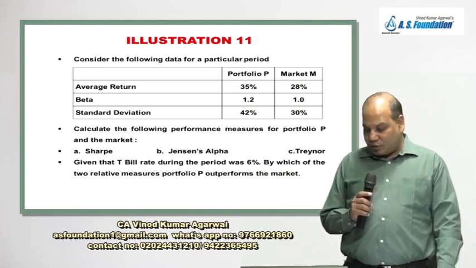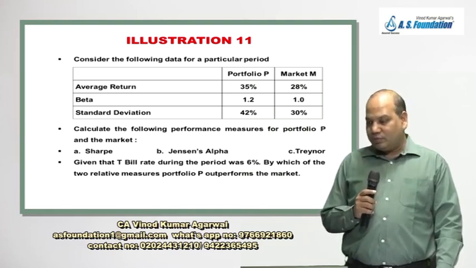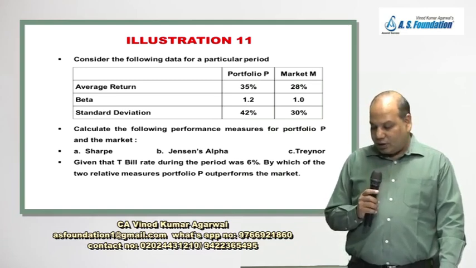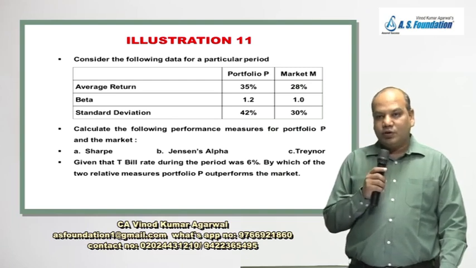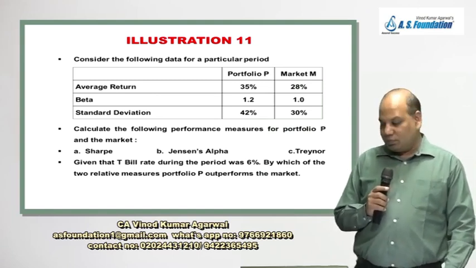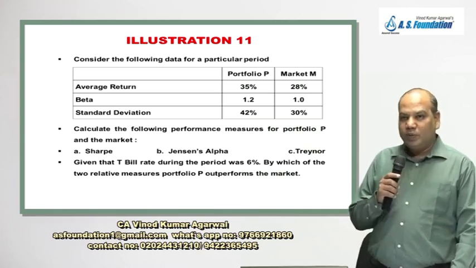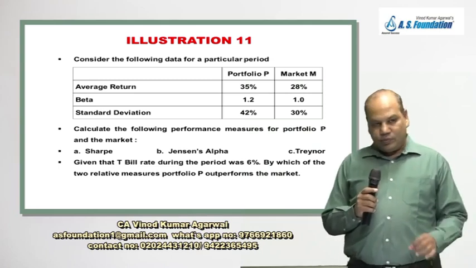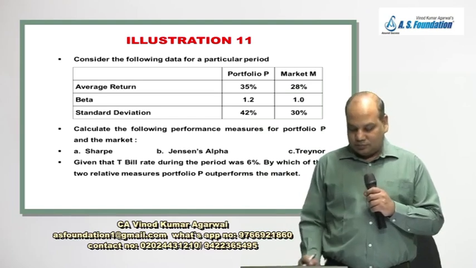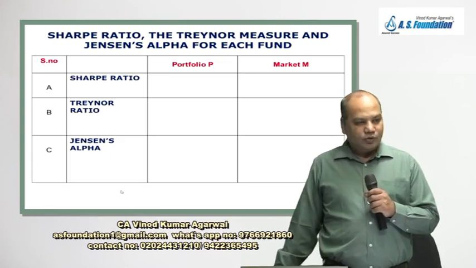Calculate the following measures for portfolio P and the market: Sharpe, Treynor, Jensen's alpha, given that the treasury bill rate during this period was 6%. So RF is 6%. Where will you require that RF? In all 3. By which of the 2 relative measures does portfolio P outperform the market? So in which case has portfolio P performed better than the market, in Sharpe or in Treynor?